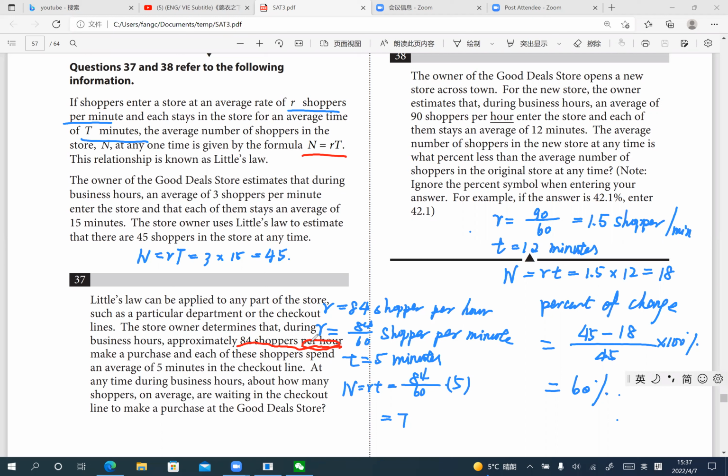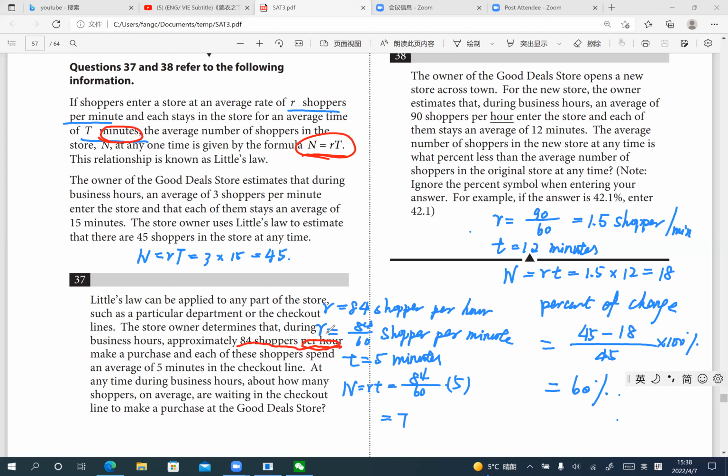The unit of time defined by the formula N equals RT is in minutes, so we should convert hours into minutes first. The rate is 84 shoppers per hour. If we convert it into per minute, R should be equal to 84 divided by 60 shoppers per minute.